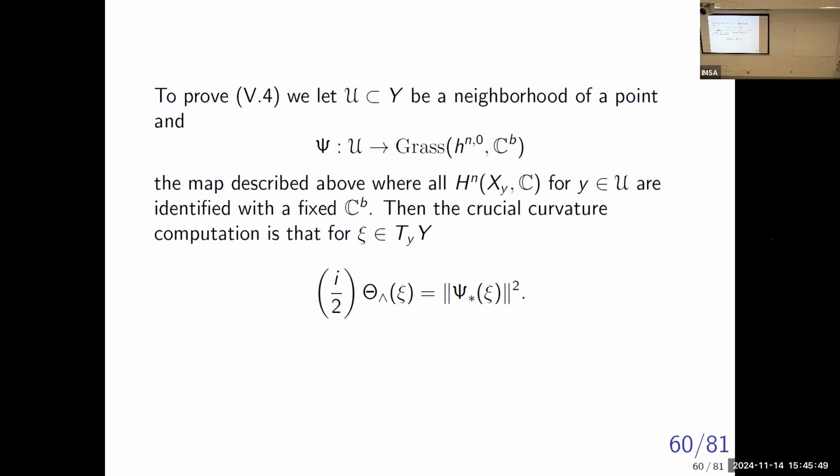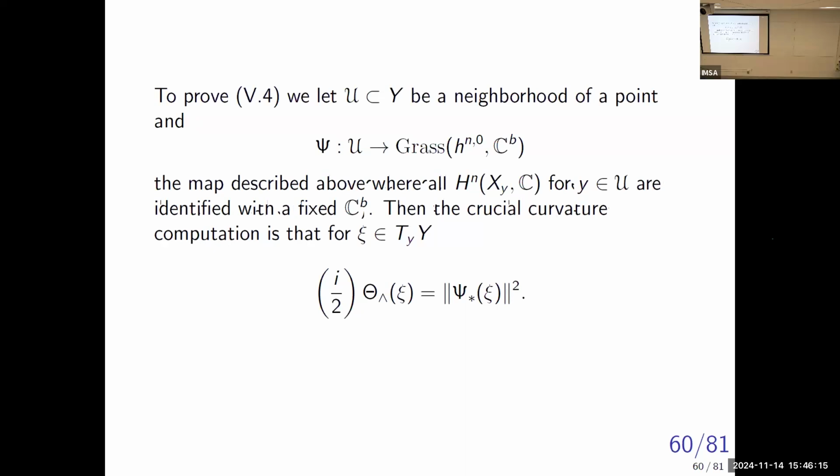So to prove that, let's just look locally at the mapping to the Grassmannian. The curvature computation from the slides yesterday, the curvature of the Hodge bundle, will tell you the curvature form evaluated on a tangent vector.